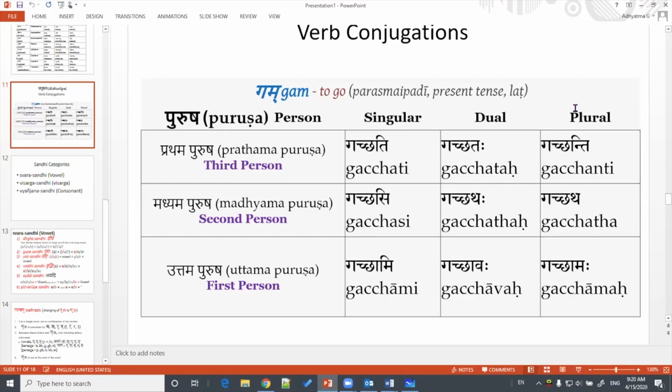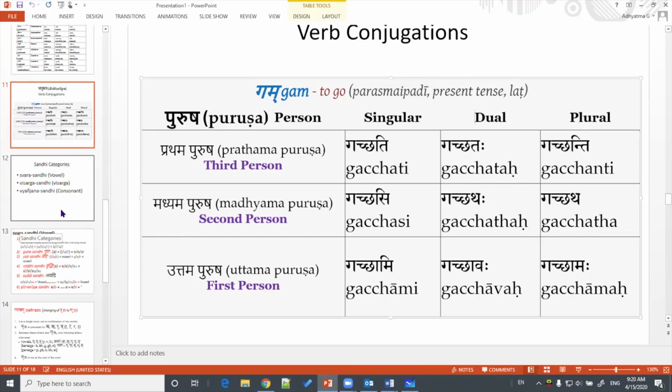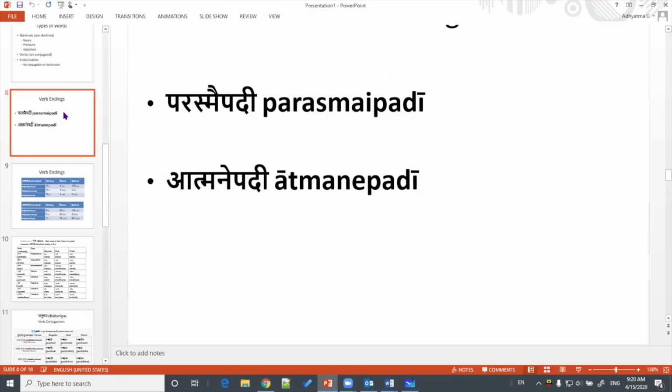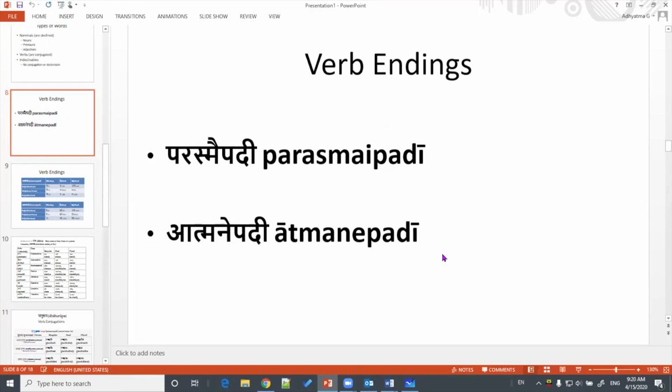So this was our gam table. And remember, there was one word which I had put in here, which I said I'll explain later: parasmaipadi. So today we'll see what this means. A verb has endings.